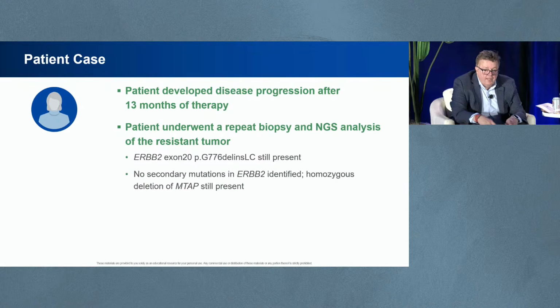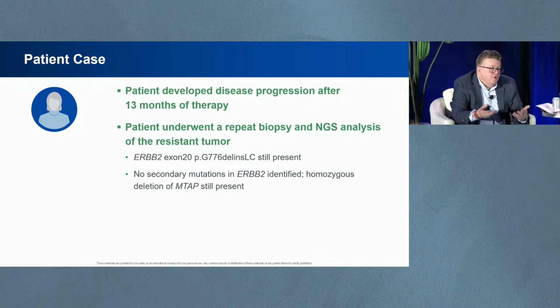And at that point, the patient underwent a repeat tumor biopsy and a repeat next-generation sequence analysis of the resistant tumor. The tumor still had the original HER2 mutation that was present there at diagnosis.